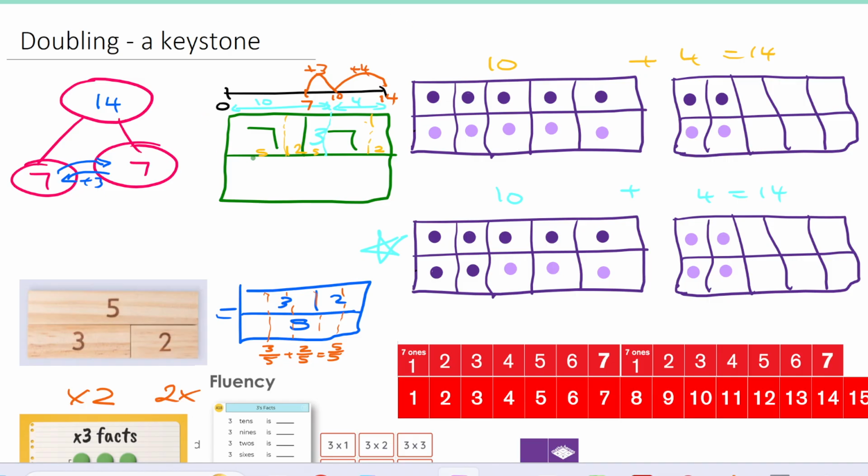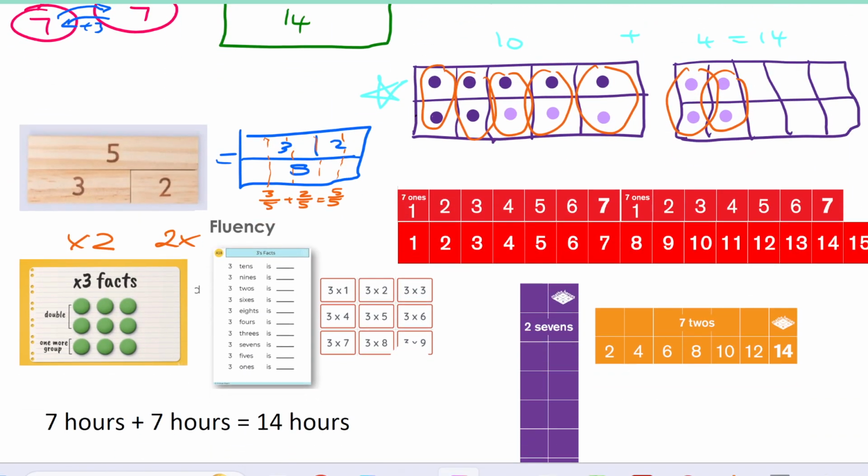And either way, or any other way, you can also show that the 7 has 3 groups of 2 and a single 1 in there. So there's lots of different ways. I can also show 1, 2, 3, 4, 5, 6, 7. I can show that 7 2s are also 14.